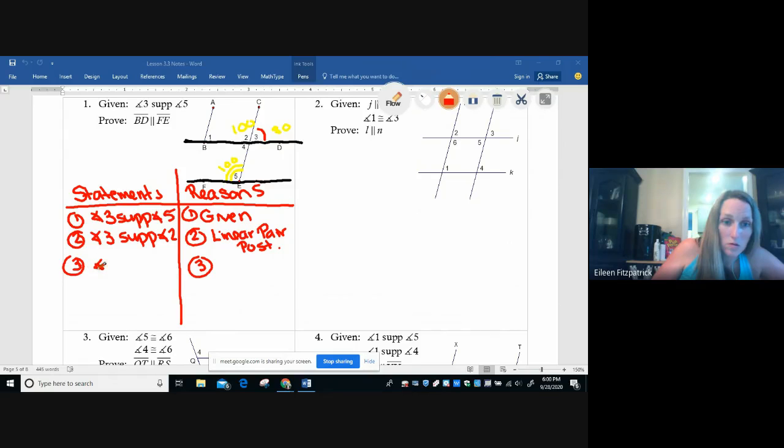Angle 2 is congruent to angle 5. How do you know that? When two angles, 2 and 5, are supplementary to the same angle, those two angles are congruent. That's the congruent supplements theorem.